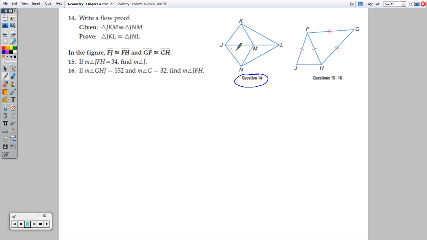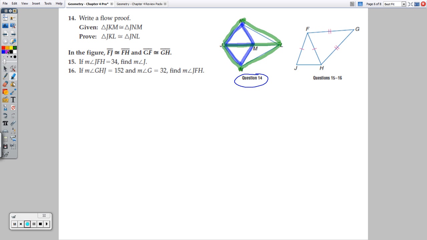I'm going to try to prove that JKL is congruent to JNL. So if I know that this triangle here is congruent to this triangle down here, what I'm trying to get at is that then this green triangle is congruent to this one right here.